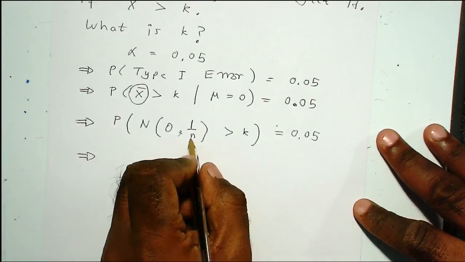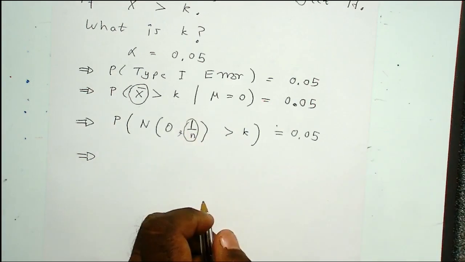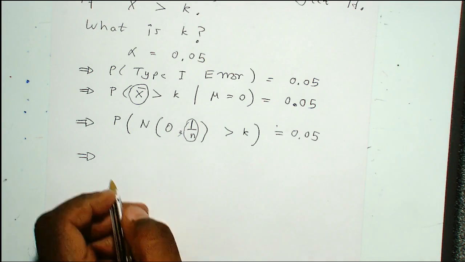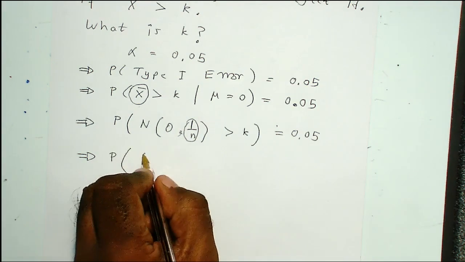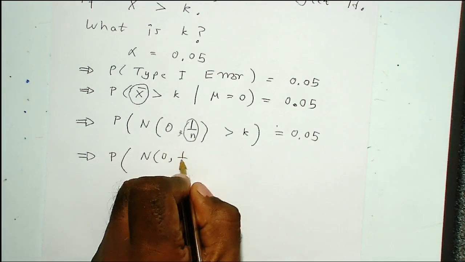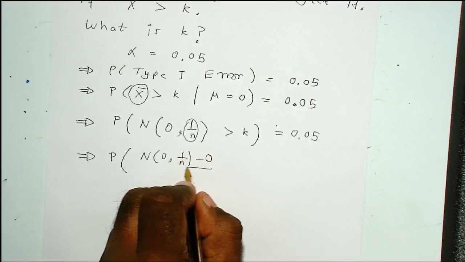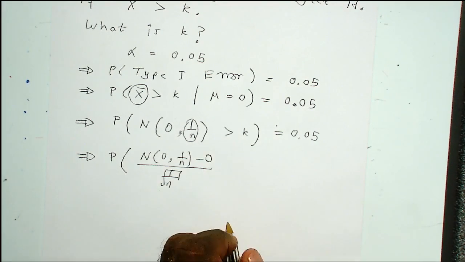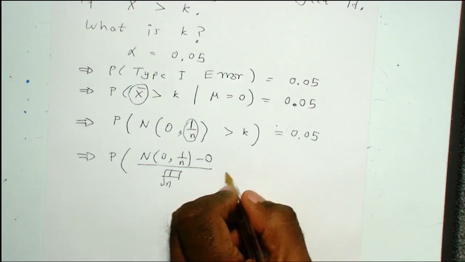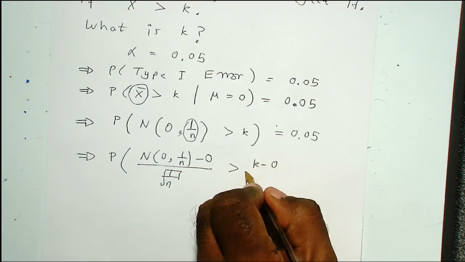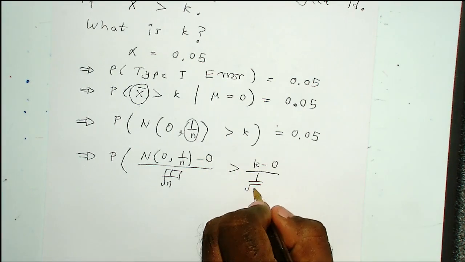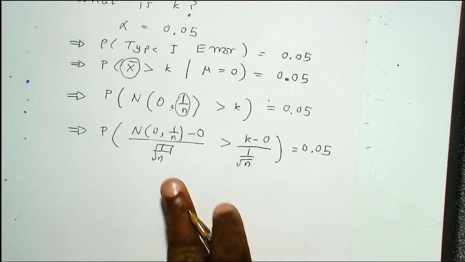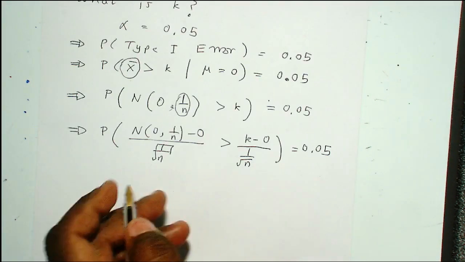Now, how do we get rid of this 1 over n? To get rid of the 1 over n, we need to subtract the mean, which is 0, and divide by this, right? So you need to do that on both sides, guys. Do you see why I'm doing this?